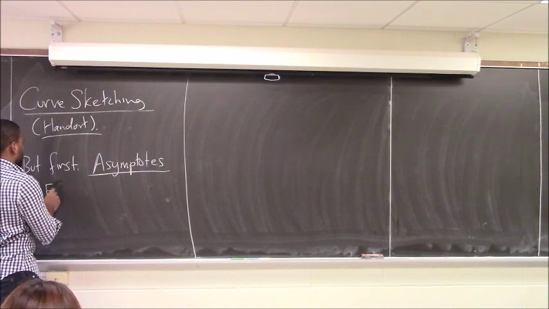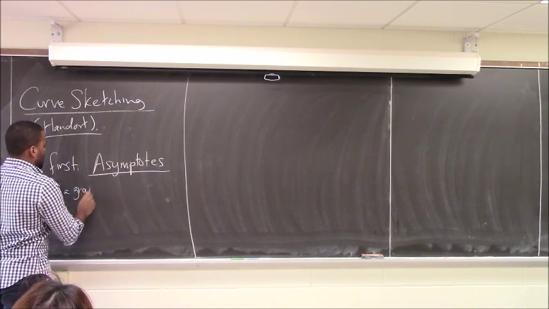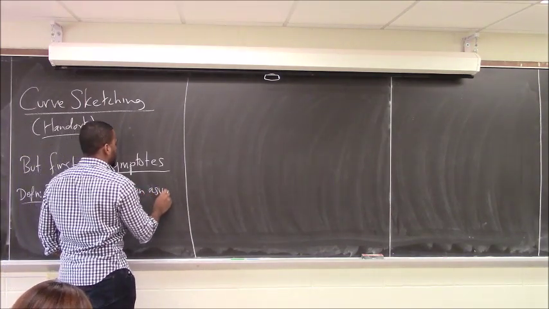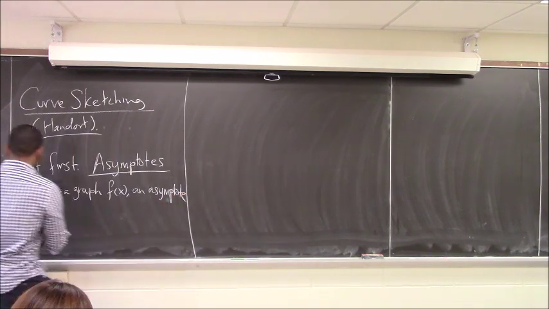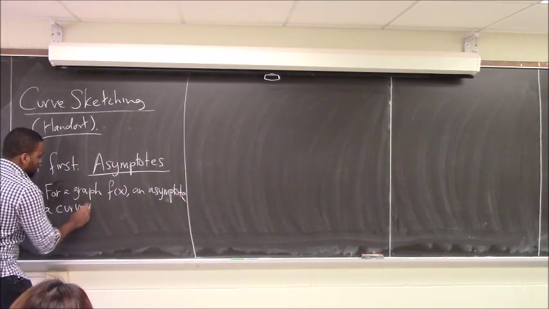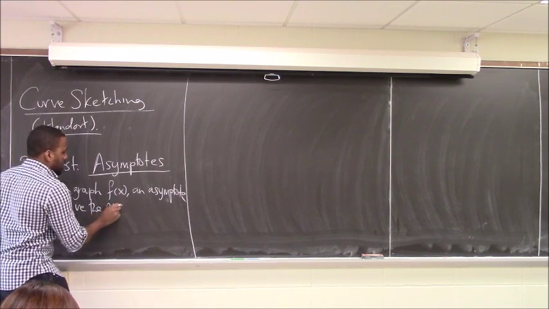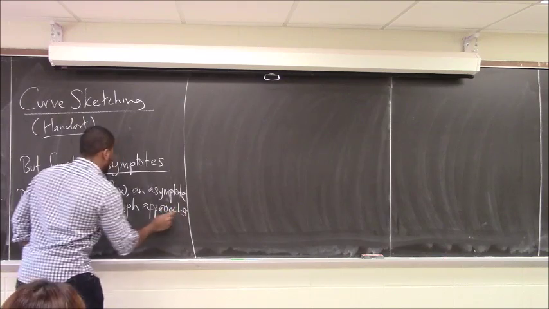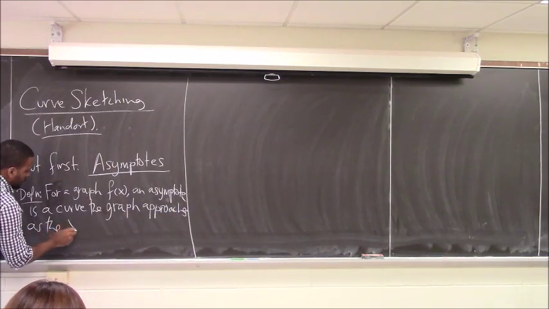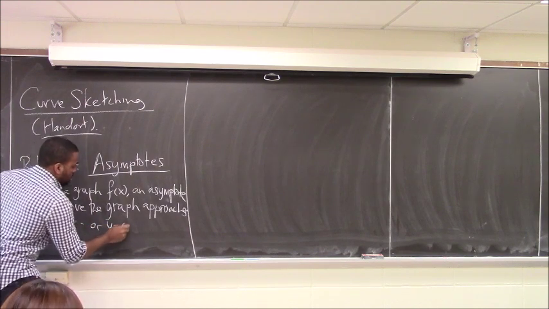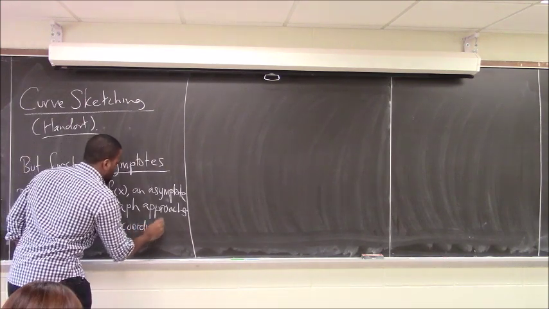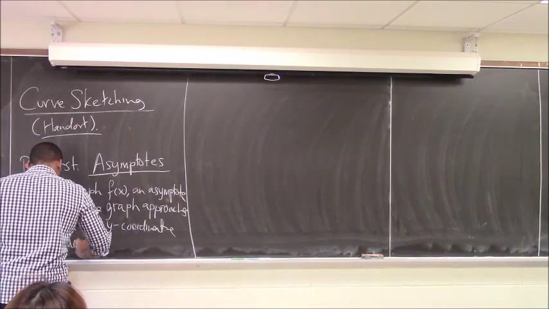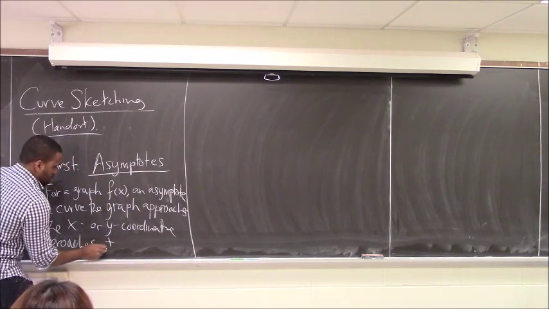So, for a graph, an asymptote is a curve a graph approaches as the x or the y coordinate approaches infinity, positive or negative.